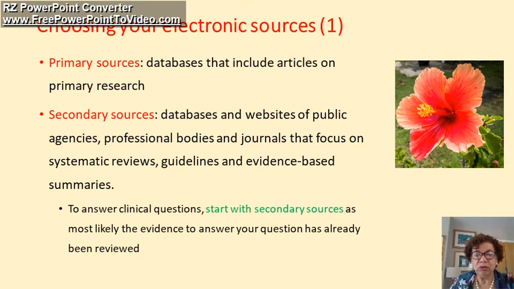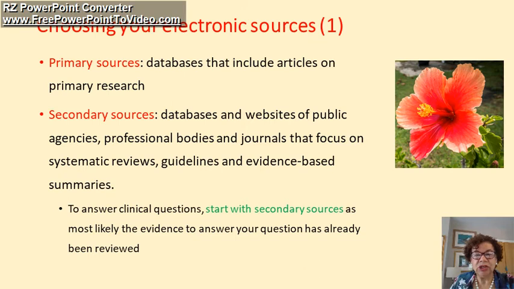It's very important at the undergraduate stage to begin with secondary sources. In these sources, professionals have done all the hard work of systematically searching the literature on key clinical topics. They have synthesized that evidence and drawn valid conclusions and often produce guidelines as to the best type of clinical care to provide.